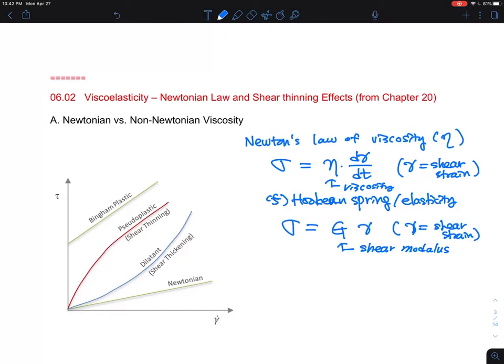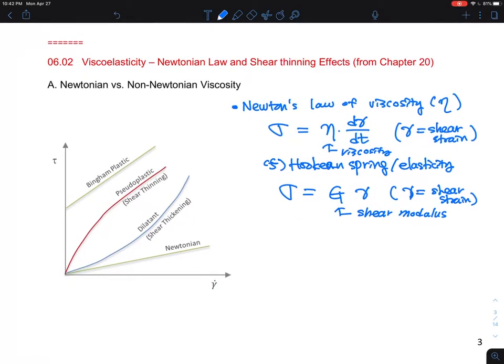So if you're looking at Newton's law, what it means is you divide stress by strain rate, and they put a time derivative as a dot on the top, and this is the eta.